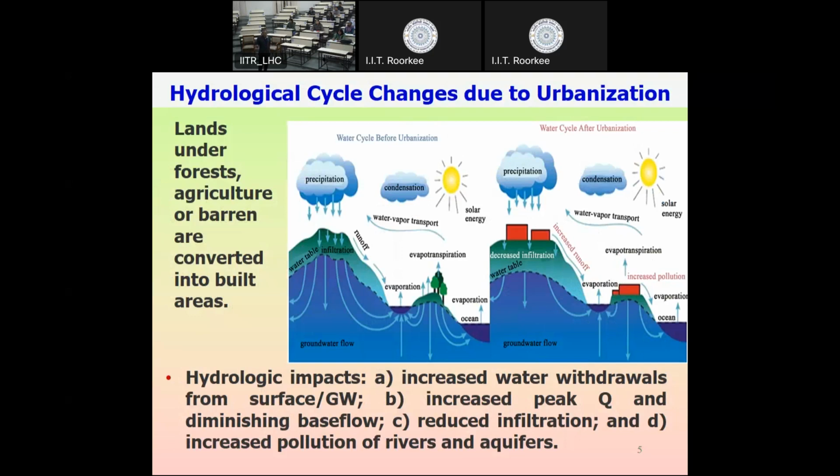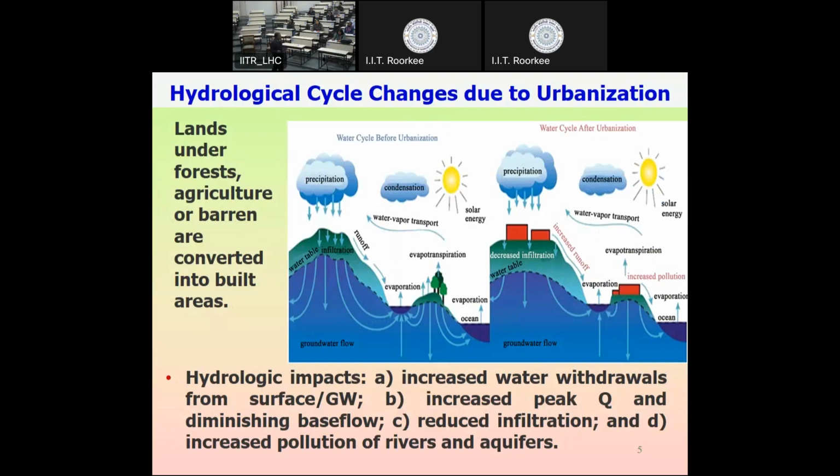Due to solar energy, water will evaporate from the pond or it may also evaporate from the land. There is a process called evapotranspiration which happens in the plants. And finally, water runs off, goes to the ocean, then again evaporates. So this cycle continues non-stop due to energy derived from sun.